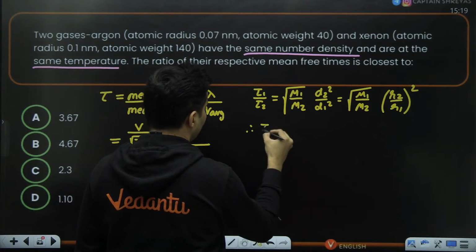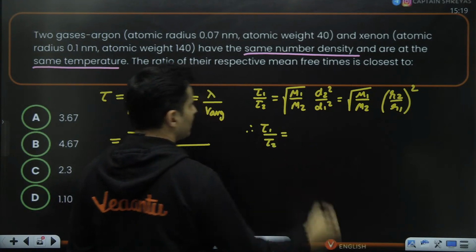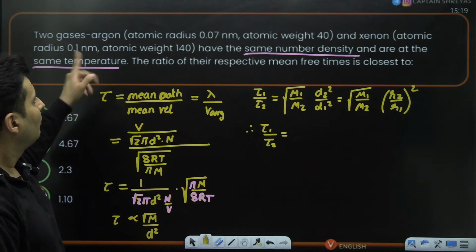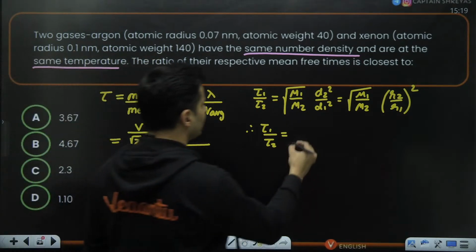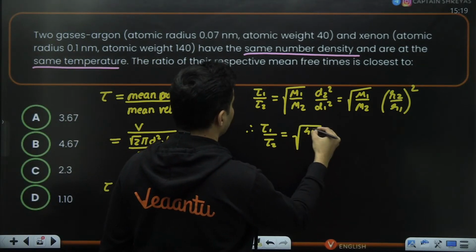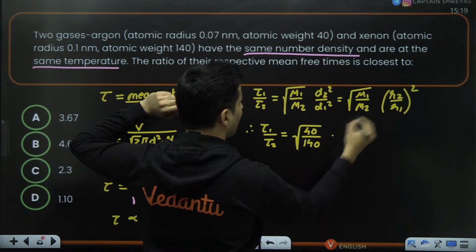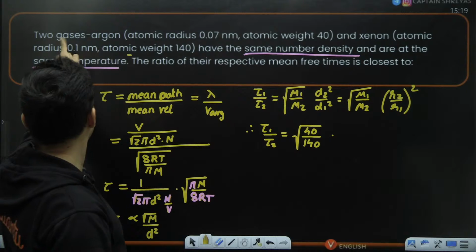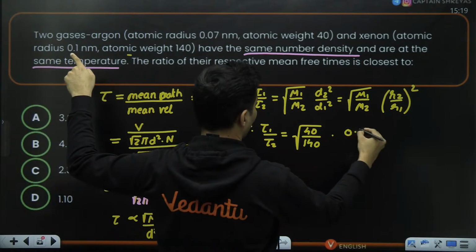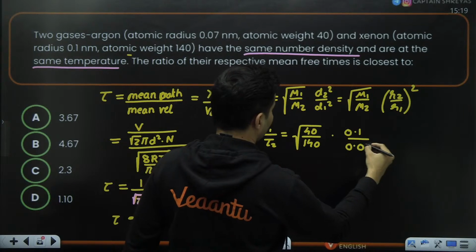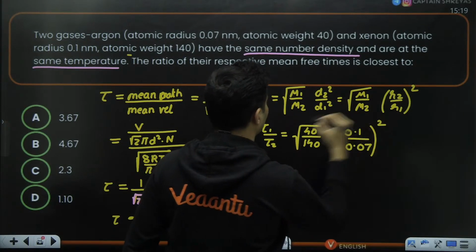Okay, so therefore T1 by T2 equals... What are the masses? Atomic mass numbers, 40 and 140. Is that so? Check this out. 40 and 140. R2 by R1. R2 is 0.1. So 0.1 divided by 0.07. This the whole square.